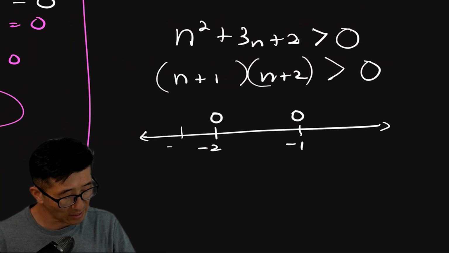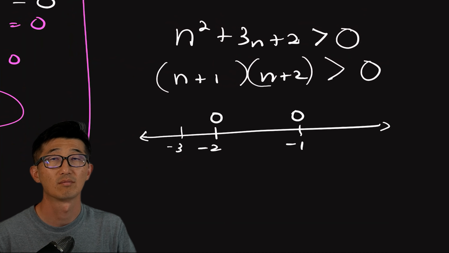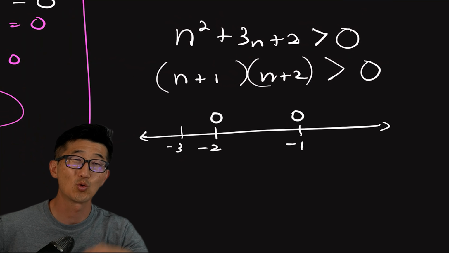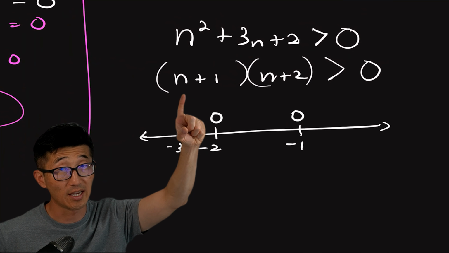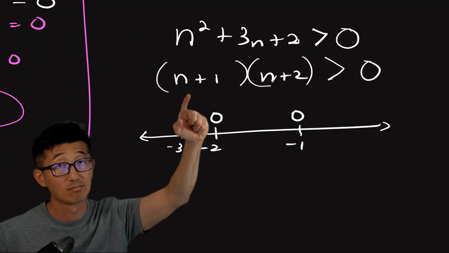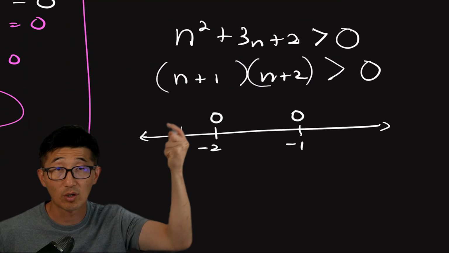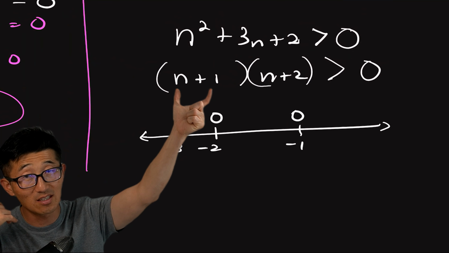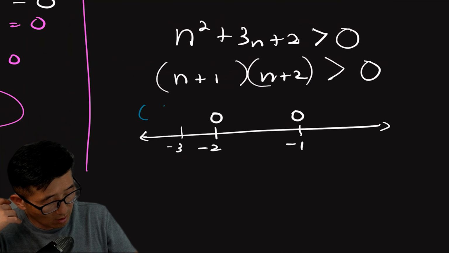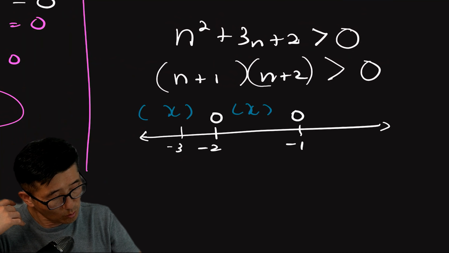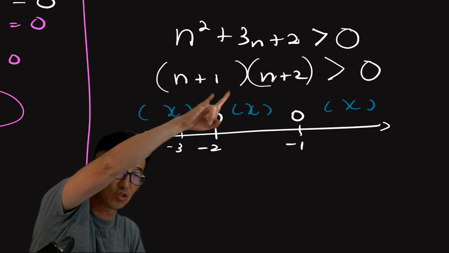So let's plug in -3. What do you get when you plug in a -3? Can you do it in your head? If you plug in -3 here, -3 plus 1 is a? -2. Well, I don't really care about the value. I just want to know if it's positive or negative. This is negative. Okay, look, watch. These two parentheses represent factors.